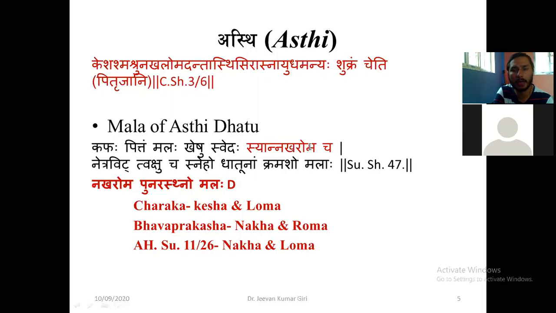So write nakha and roma directly, don't write in Roman. So nakha and roma are the mala of asthi dhatu by Susruta; by Charaka, kesha and loma; by Bhavaprakasha, nakha and roma; and by Ashtanga Hridaya, nakha and loma. And the asthi is derived from the pitrija bhava, that is, derived from the paternal factor.